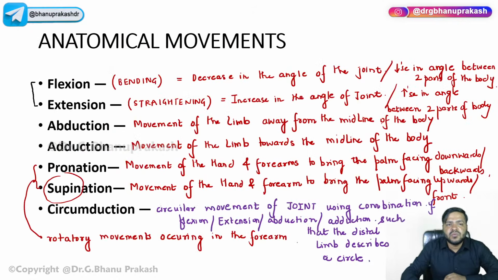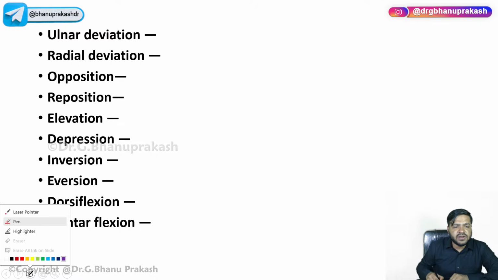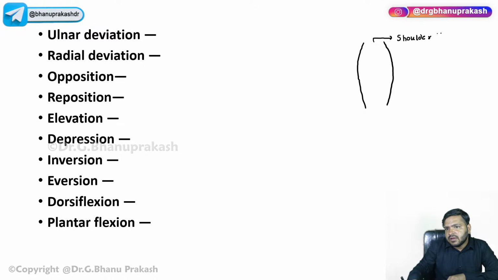Now coming on to the next term, that is the ulnar and the radial deviation. Now guys, you already know that we have the shoulder joint over here. Let us try to understand this clearly.